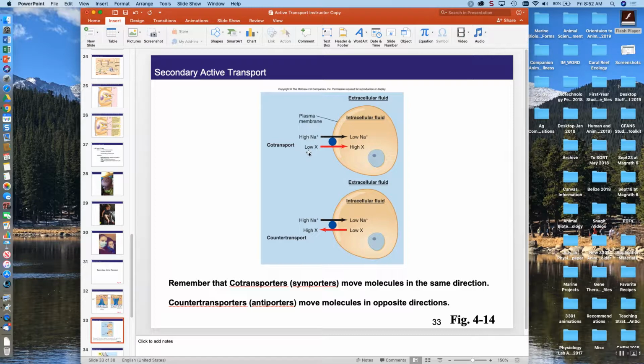So X, whatever solute that is, is moving against its concentration gradient. They're both going in the same direction. These are called co-transporters, or symporters.